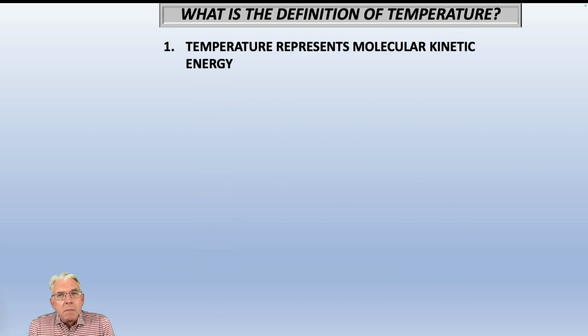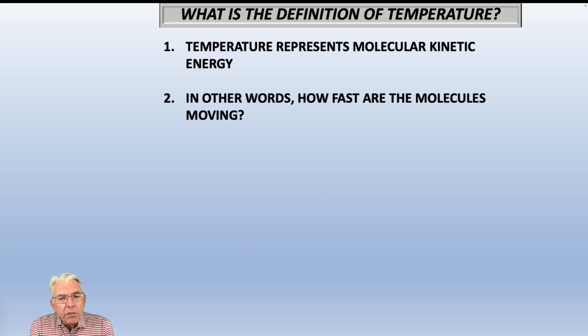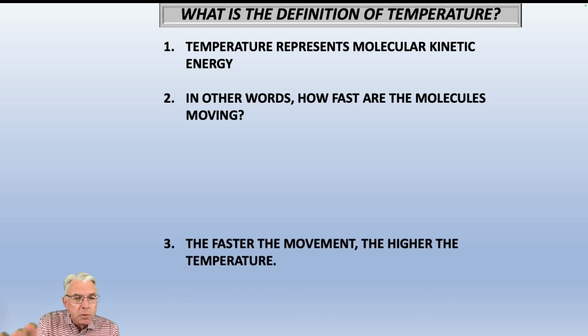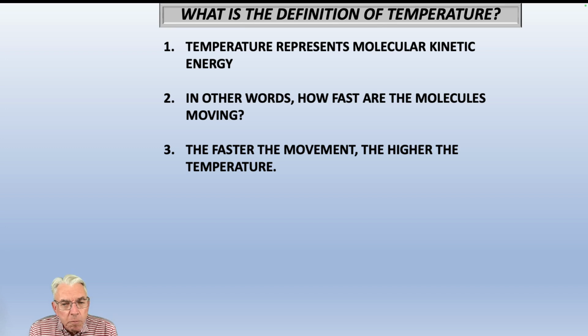It represents molecular kinetic energy. Kinetic energy is simply movement, okay? So it's how fast the molecules and or the atoms are actually moving. In other words, again, how fast they're moving. Now, the faster the movement, the higher the temperature. So at a high temperature, those molecules and atoms are going to be moving fast, and at a low temperature, they're not going to be moving nearly as fast.